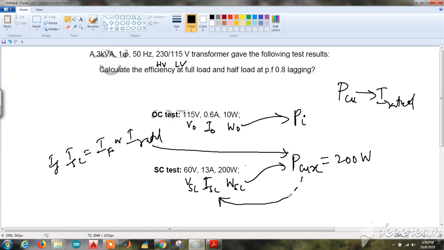Now to check that, we have to find out the rated current value. So we know that the OC test is performed at LV side, as the voltmeter reading shows 115 volts, and is always performed at rated voltage. So the SC test, that is short circuit test, is performed at high voltage side. So how to find the rated current?